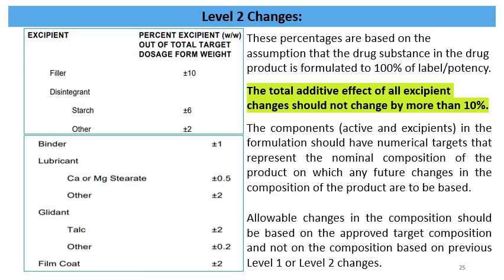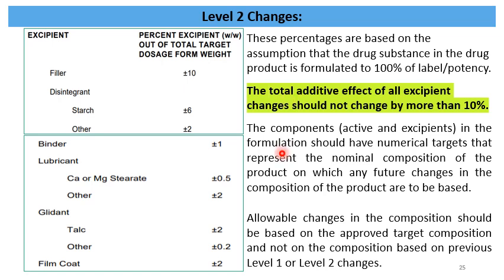The level 2 changes are listed here. Now the filler will have 10%, disintegrant starch 6%, others 2%, binder 1%. So all these ranges are increased now, and the total additive effect of excipient changes should not change by more than 10%. So in level 1 it was 5% and in level 2 it is 10%.